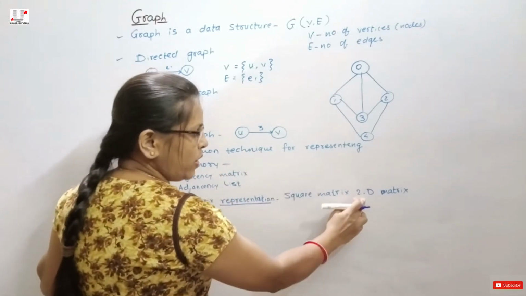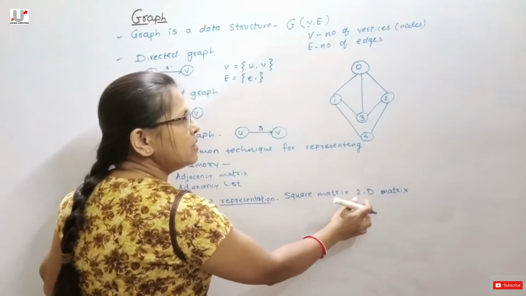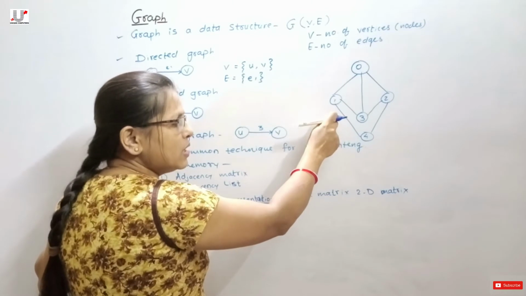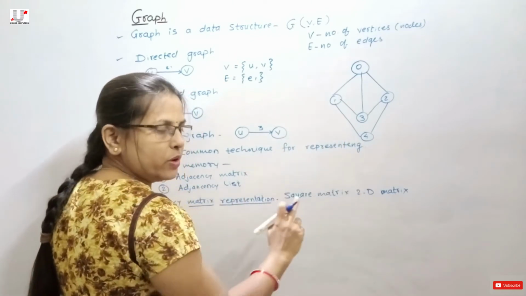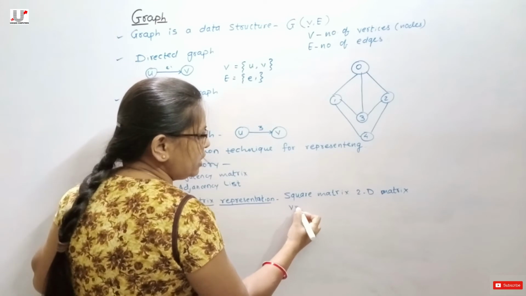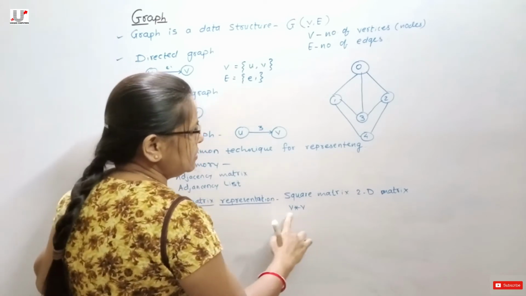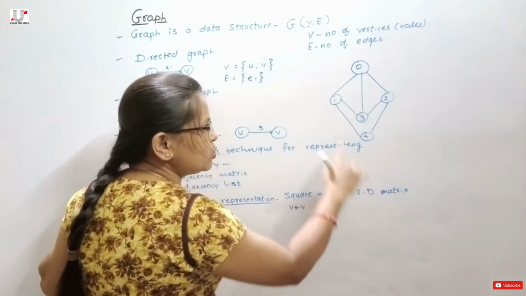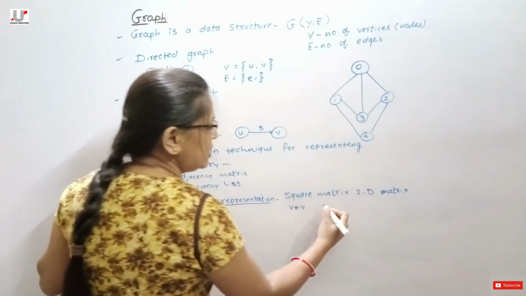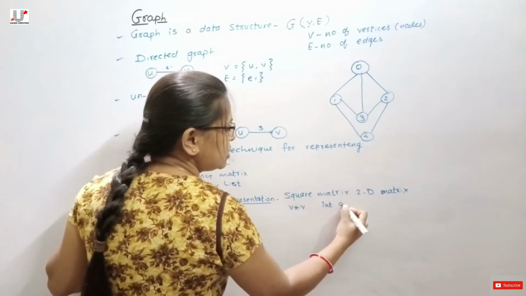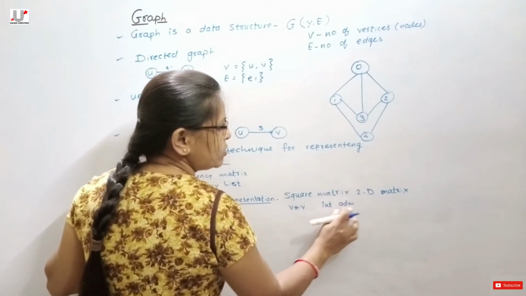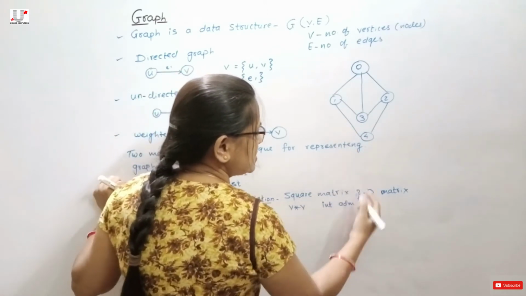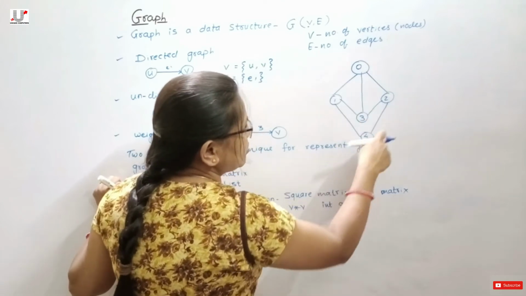The size of this square two-dimensional matrix is the number of vertices in the graph, so V cross V is the dimension. Let us assume the integer adjacency matrix is represented by ADM.